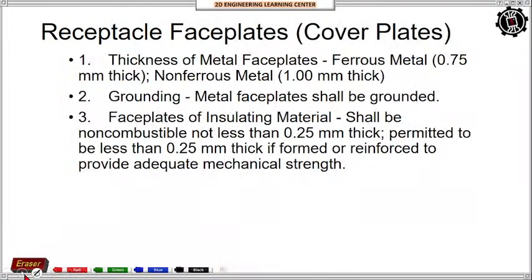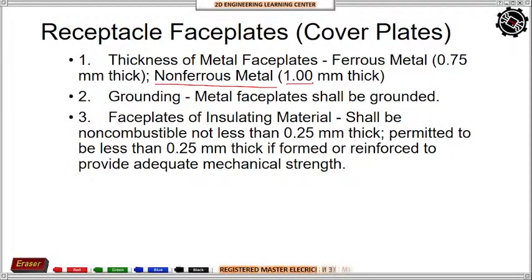Okay. Next, receptacle faceplate, yung mga cover plate natin, yung gang plate natin. So if that is ferrous metal, it must be 0.75 mm thick. If that is a non-ferrous metal, dapat 1.0 mm thick. So kunyari, this is aluminum yung ating faceplate or a plastic, so ang kanyang thickness must be 1.0 mm.